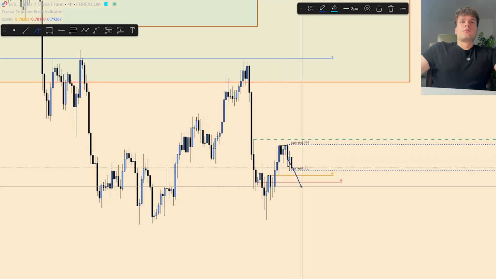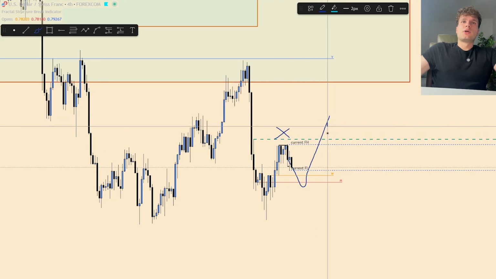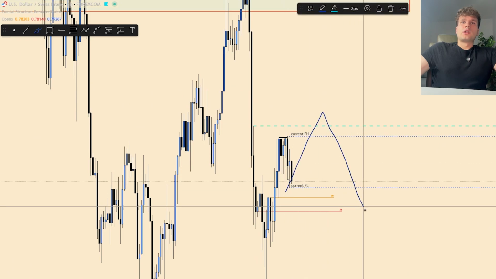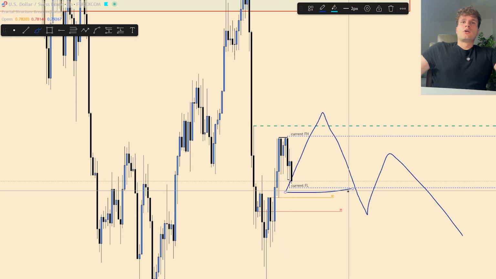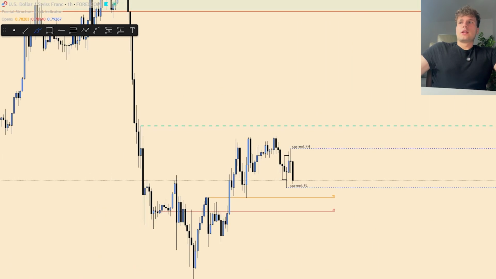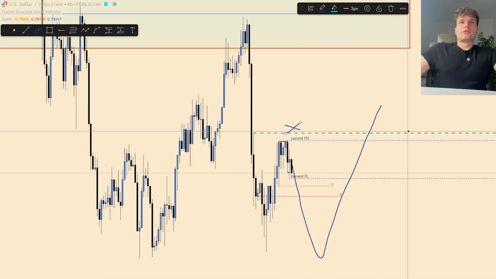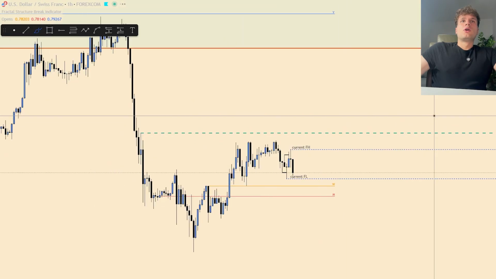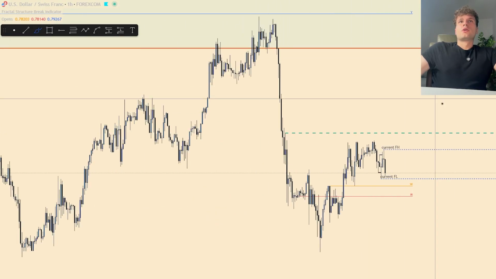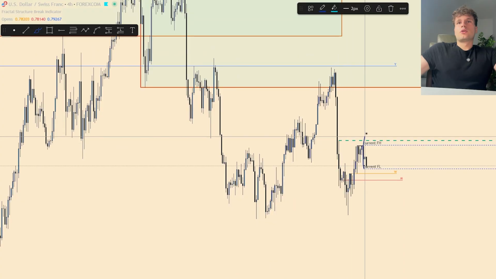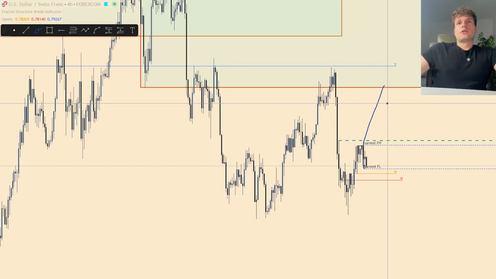wait for the liquidity swipe and then a change of character, or just wait for another move down to create liquidity here and then swipe it down, or just wait to swipe the whole move itself, because here is not a lot of liquidity.